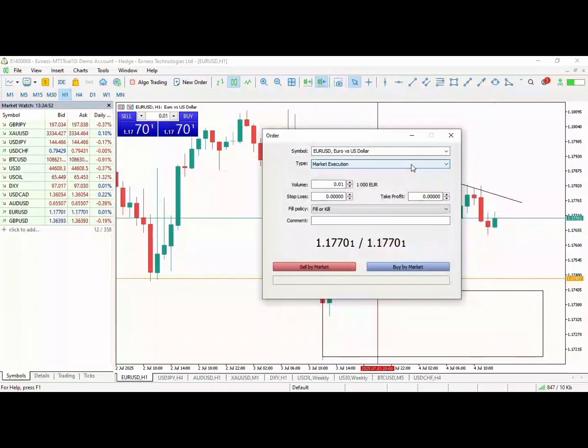A pending order is the order you set and then you wait for the market to reach there. You set it and leave it waiting for price to reach there. Then market execution is an order whereby the moment you click buy, it buys at the current market price. It's where when you trigger a buy or sell trade, it just happens at the current market price.